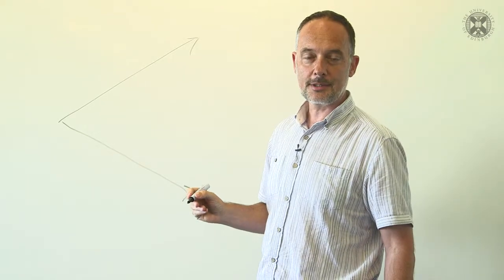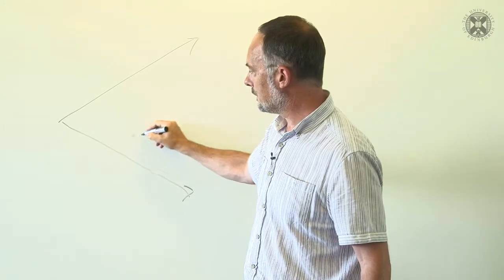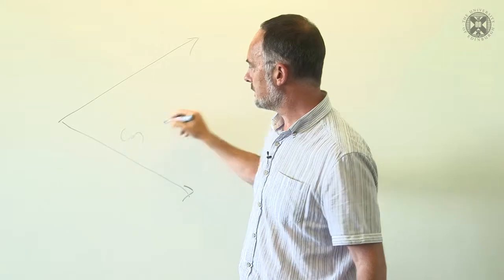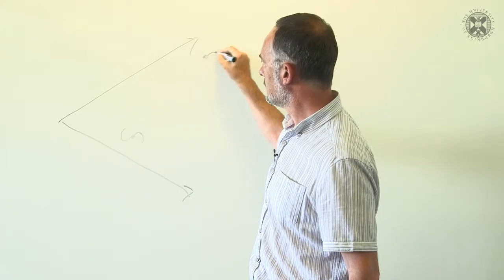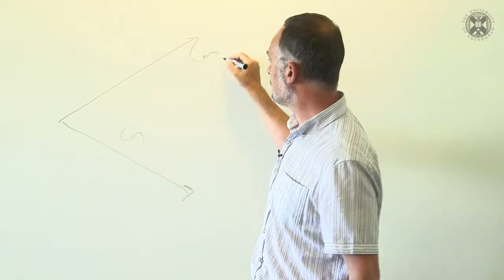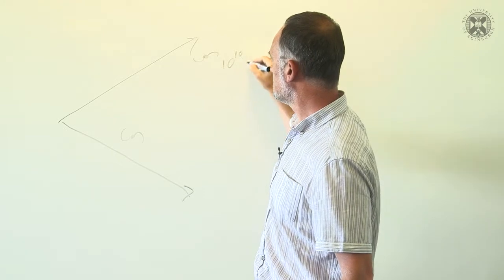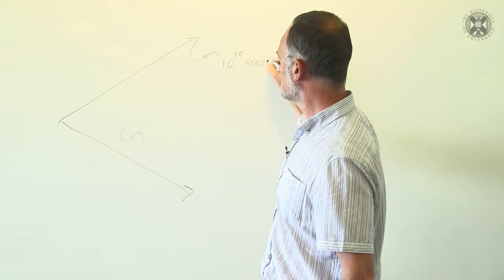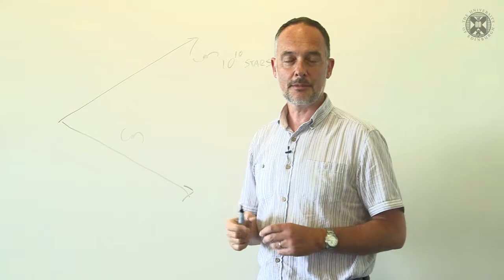And we know that the universe consists primarily of the building blocks of galaxies. Just like the Milky Way, each one has about 10 billion stars.